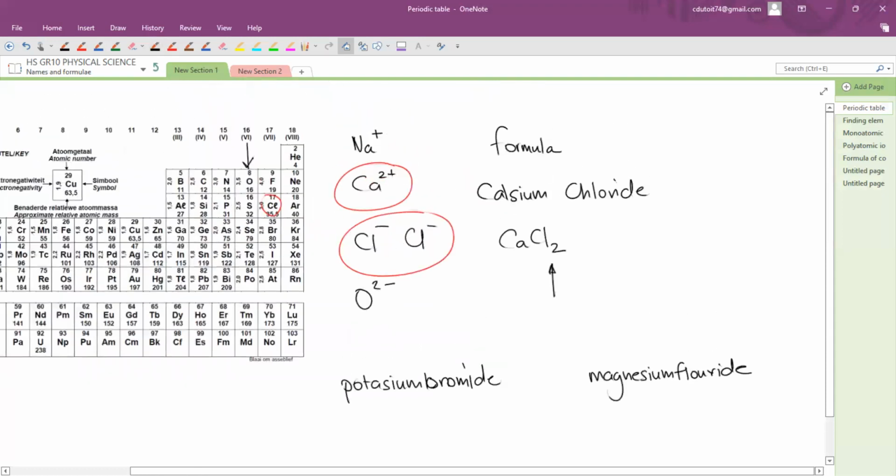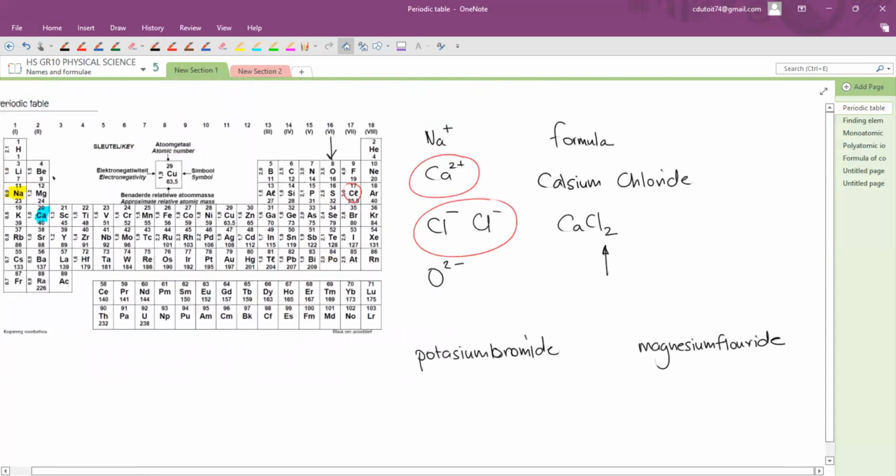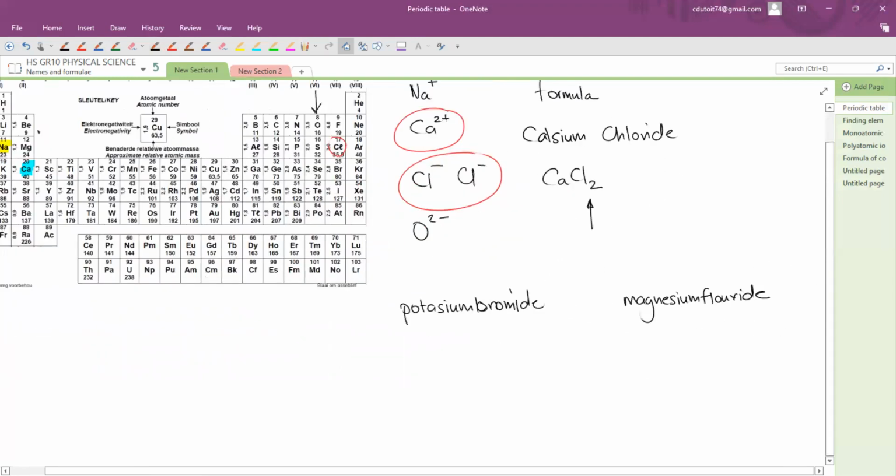What is potassium on your periodic table? K. Okay, and charge? +1. Excellent. 1 plus. So a single plus, and then bromide.